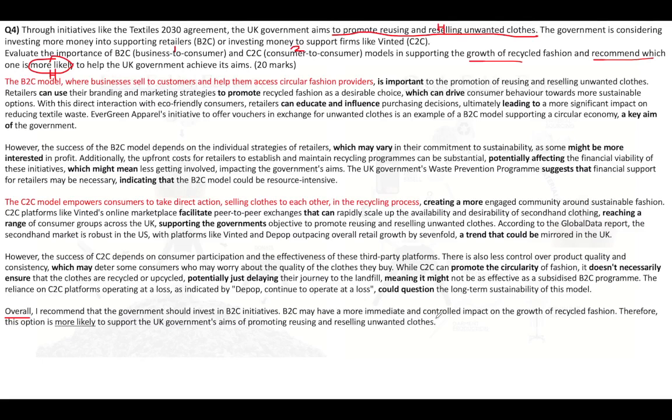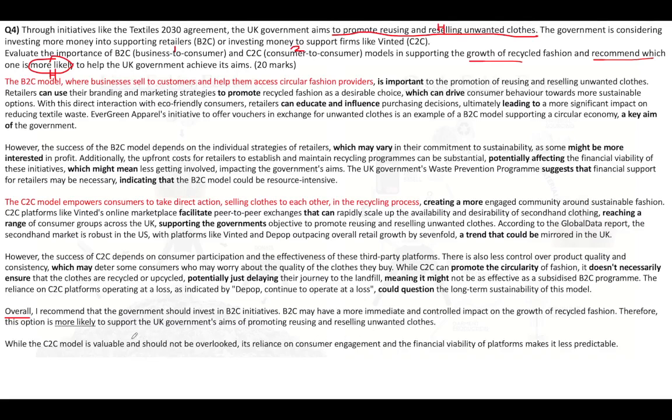While C2C model is valuable and should not be overlooked, its reliance on consumer engagement and the financial viability of platforms makes it less predictable. Okay, so we've already talked about up here sustainability of model.